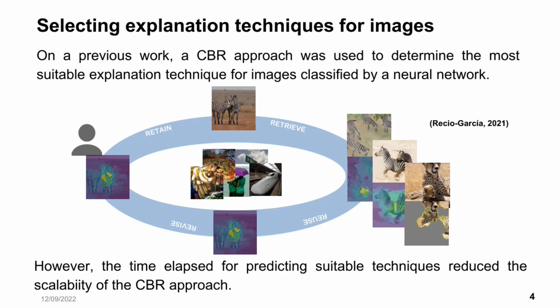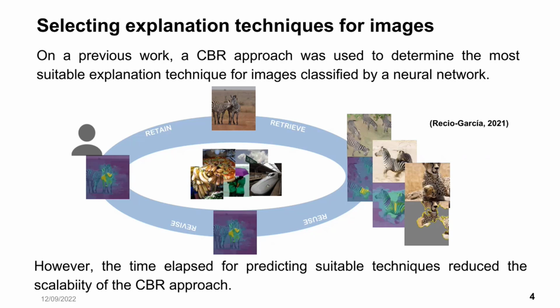This problem was addressed in a previous work by the authors of this paper, using a case-based reasoning approach to determine the most suitable techniques for images classified by a neural network. Through a voting process held by a group of users, we obtained a case base where we could identify the most suitable techniques for many images.